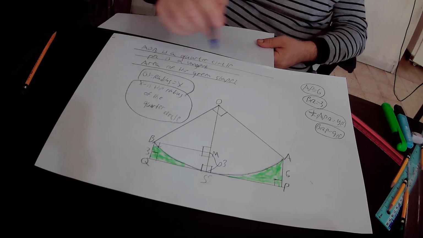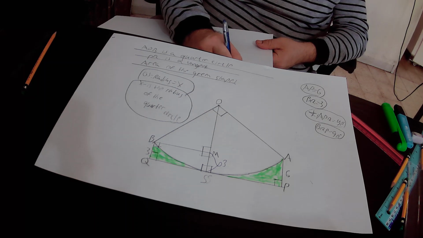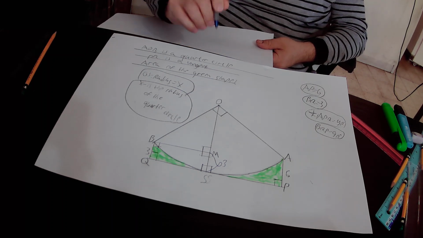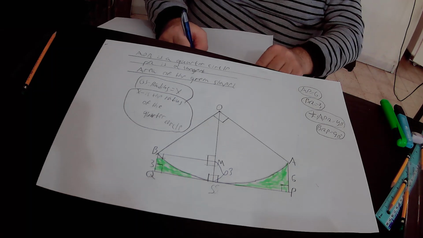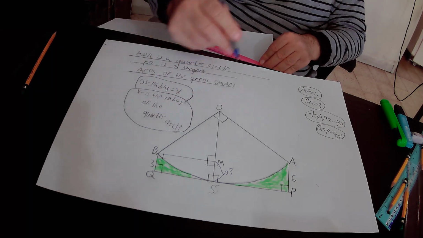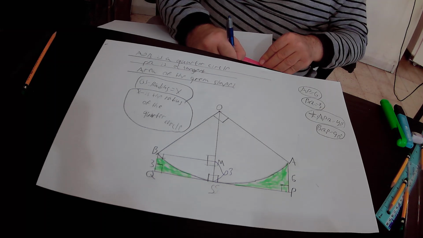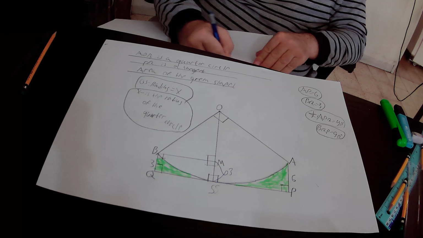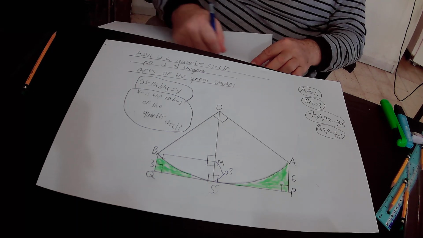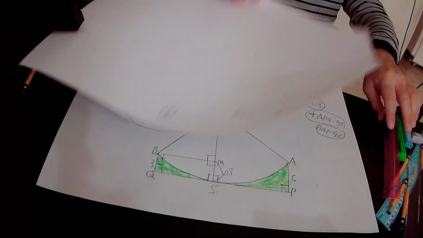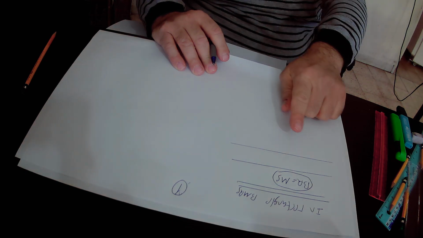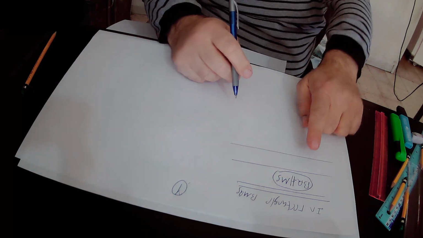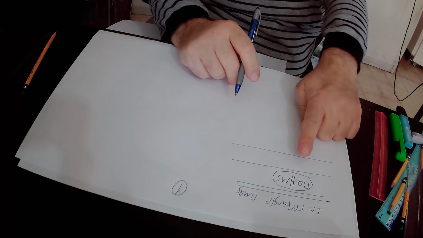In rectangle BMQS, side BQ is parallel to the opposite side, side MS. Side BQ also equals side MS, but side BQ is also parallel to side MS.